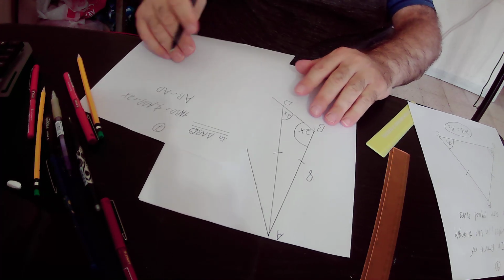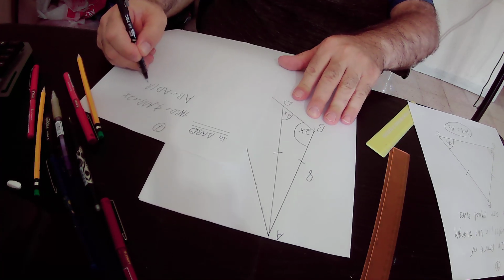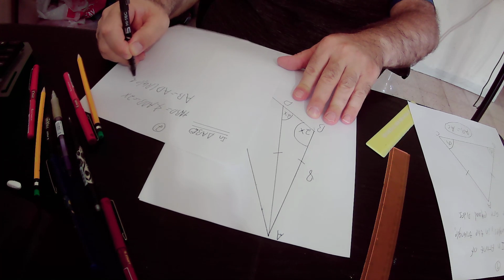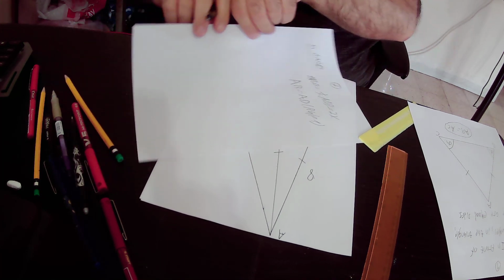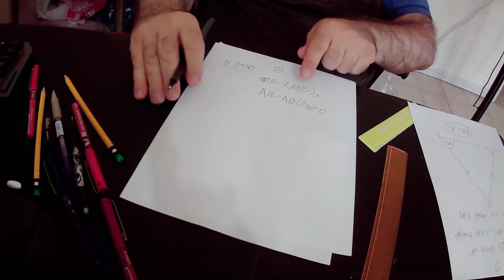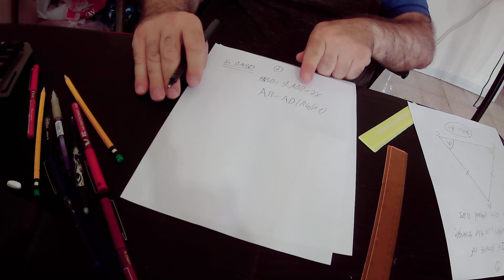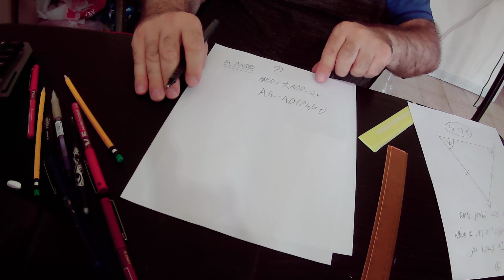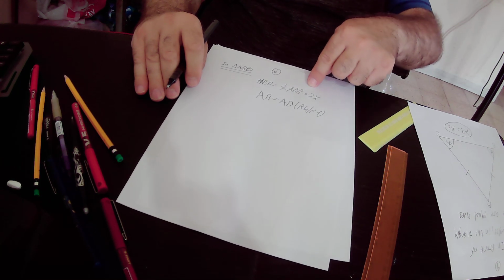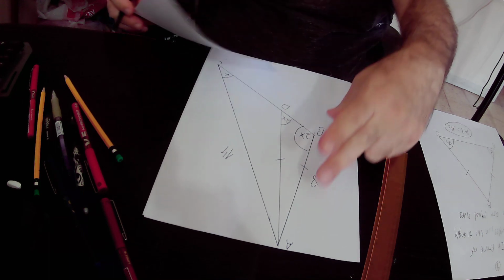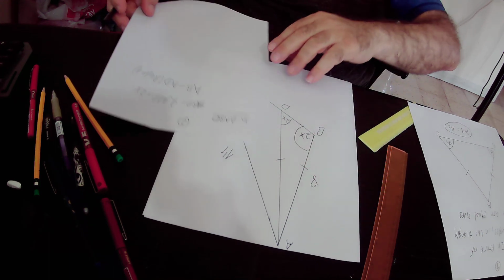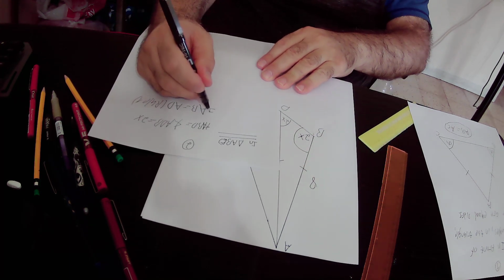Okay, according to rule number 1, side AB equals side AD in triangle ABD, but we know that side AB equals 8 units. It is given to us in the question.